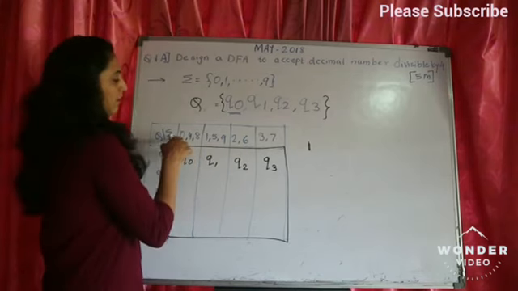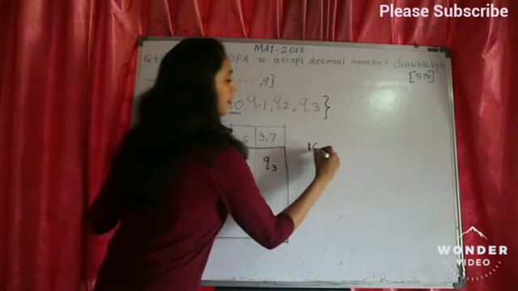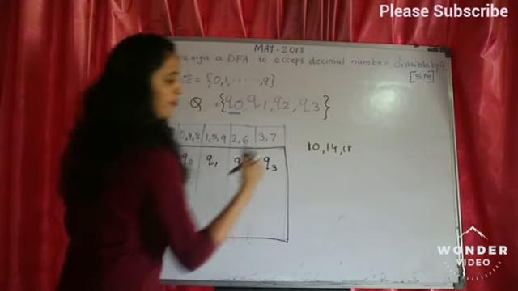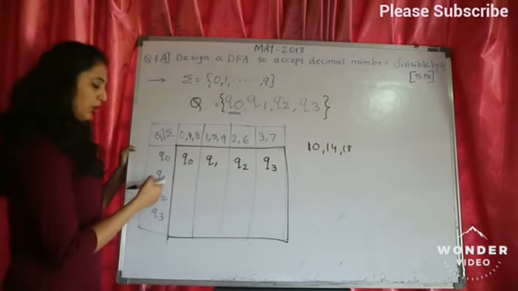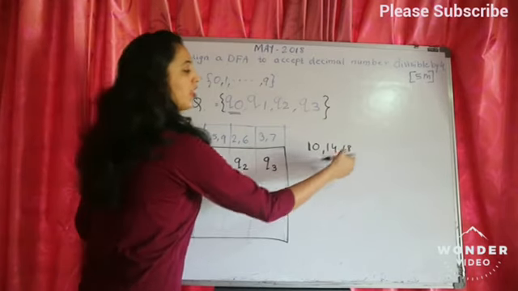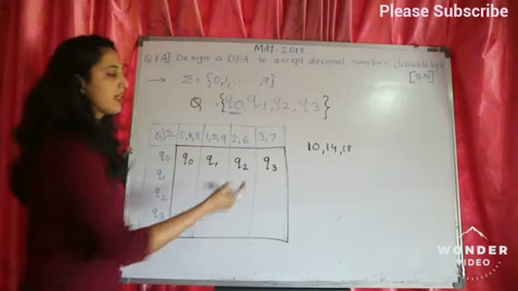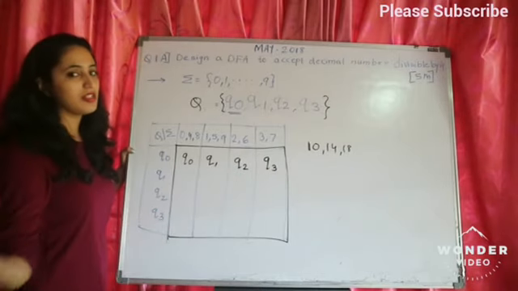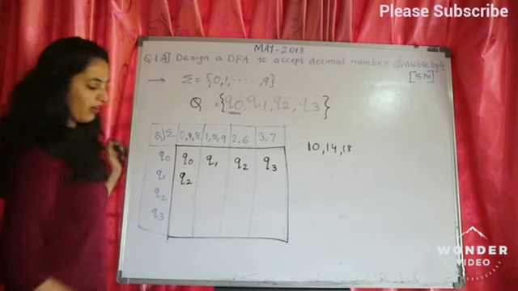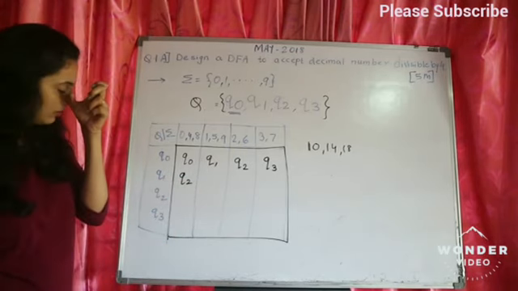Now on top of that, if we get 0, 4 or 8, the number becomes 10, 14 and 18. Now if I divide any of these numbers by 4, the remainder is 2, and that's why I will write it down as Q2.